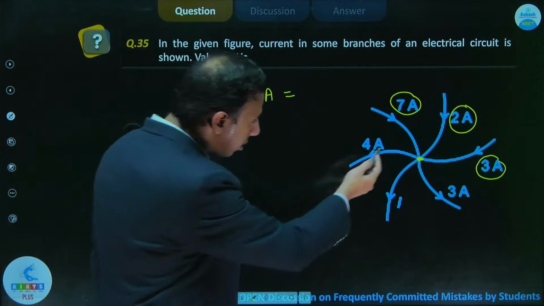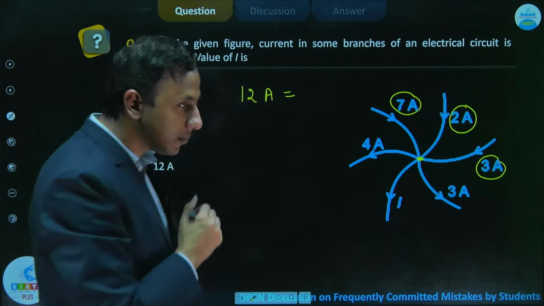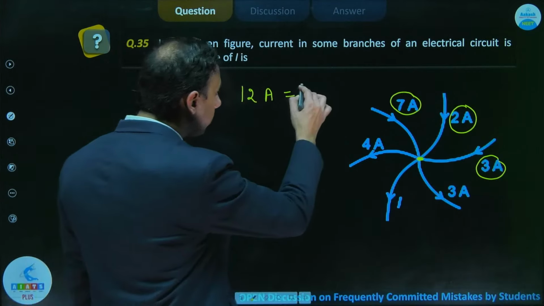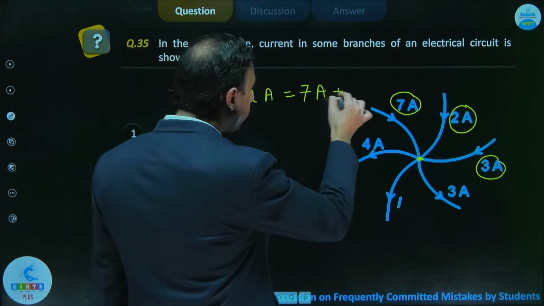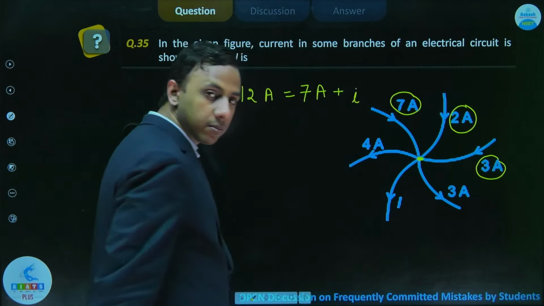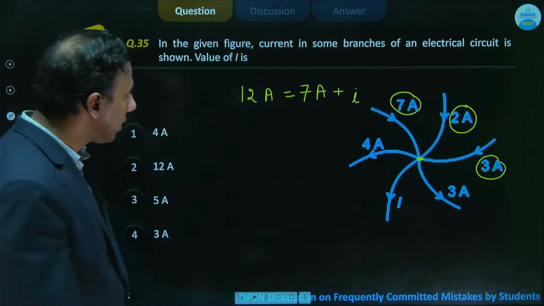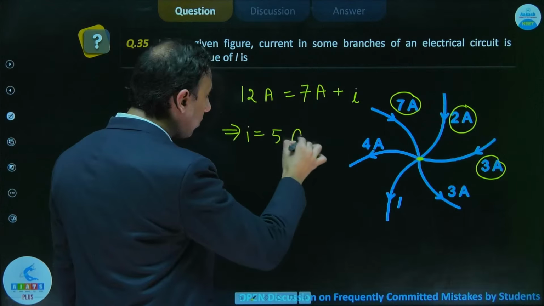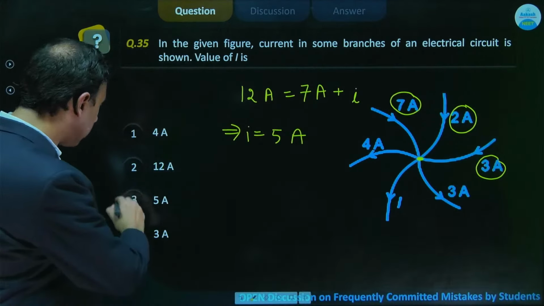The leaving ones are 4, I and 3. That is 4 plus 3, 7, plus I. So this will become 7 ampere plus I. So what will I be? Simple subtraction, 12 minus 7, that is 5 ampere. And 5 ampere is going to be our answer.